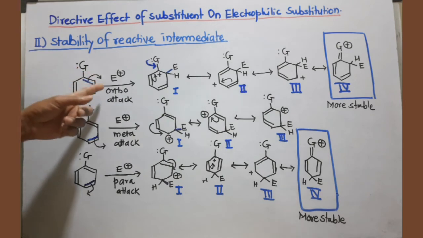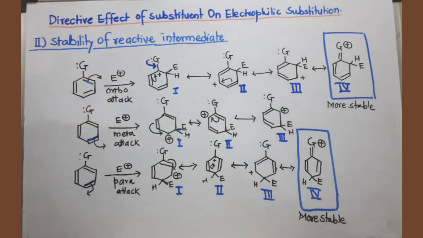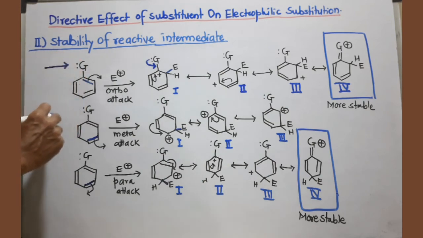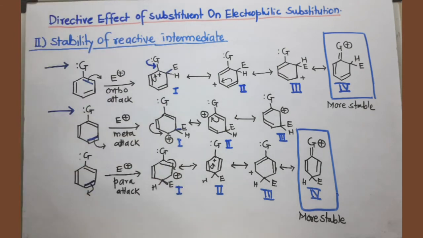So these are the factors which we have to consider for why certain groups are ortho-para directors. If the activation energy is lower, rate of reaction will be more. That means these ortho-para directors are also called activating groups, because they are actually increasing the rate of reaction.